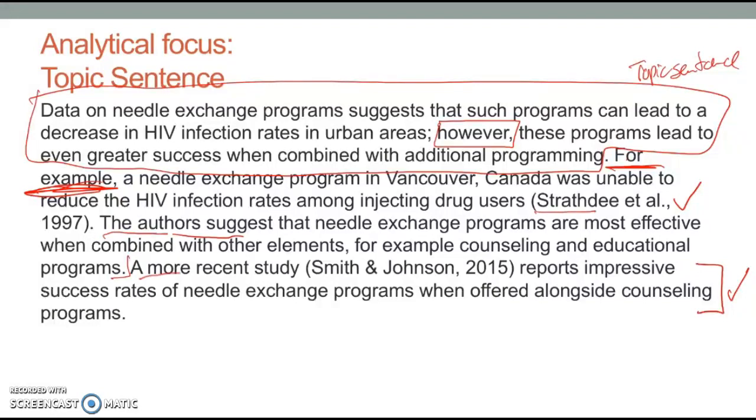And then a more recent study provides another transition, comparing a study that was done more recently than the previous one, reports impressive success rates, and so on. So this is a really nice way to restructure a previous text that was only two sentences of summary with a more analytical focus, following those ideas and suggestions on how to structure a paragraph successfully.